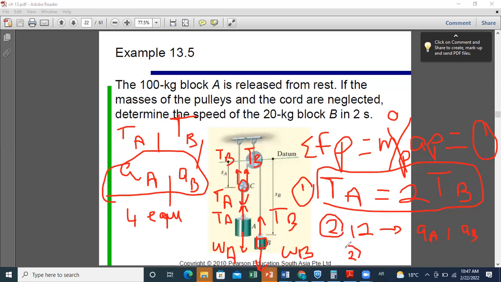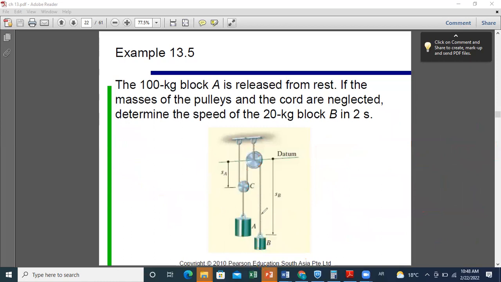We can write two Newton laws. Okay. So in total, then we get 4 equations. Okay. So as your friend said, the second equation is to put a coordinate system and then relate acceleration of A to acceleration of B.